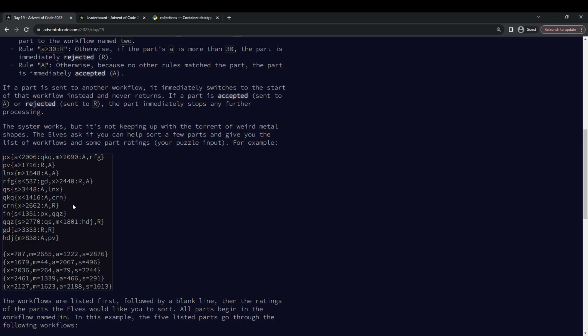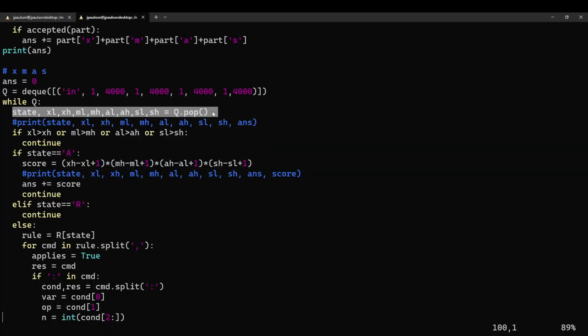So we start out in state in, and some of the parts have s less than 1351, in which case they go to px, and some of them have s greater than, or greater than or equal to, 1351, in which case they go to QQZ. So we're just going to follow all paths in the tree.